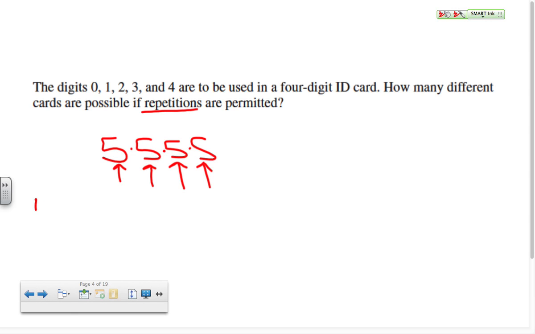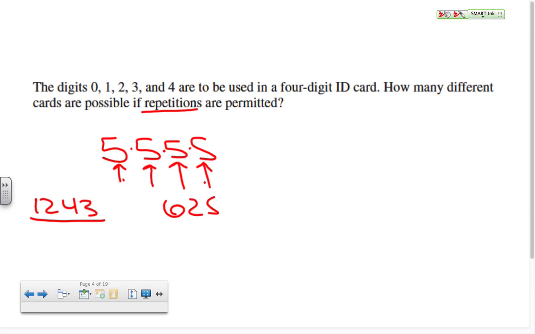I have 5 possibilities for the first digit, 5 for the second, 5 for the third, and 5 for the fourth. So how many different possible combinations do I have? 625. So we multiply them all together.